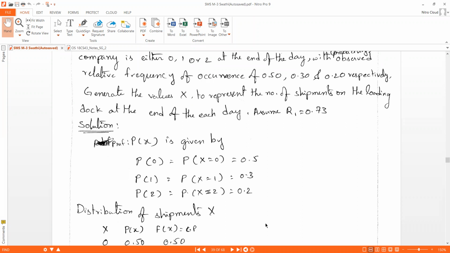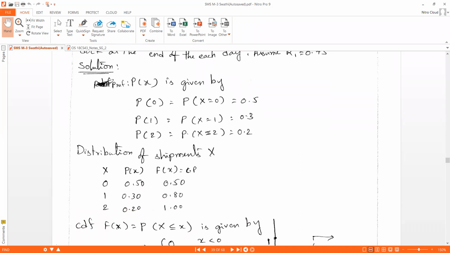Now the distribution of shipments is written like this: the x values, p of x, and the cumulative probability. If you have the probability, we know how to find the cumulative probability. The x values are 0, 1, 2. When x equals 0, p of x is 0.5.